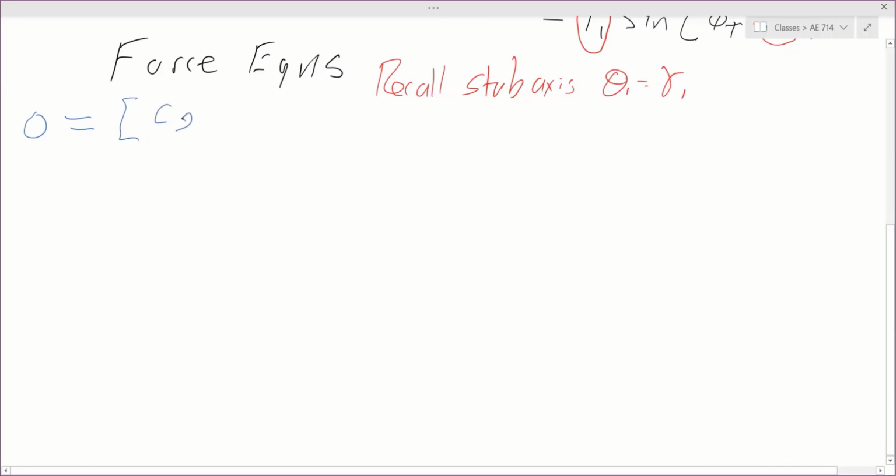So this is the rolling moment equation. Remember that one's easy. It's just the moment, total moment is 0, because that's a trim condition. The pitching moment, rolling moment, and yawing moment are all 0, which means the airplane doesn't roll, pitch, or yaw.